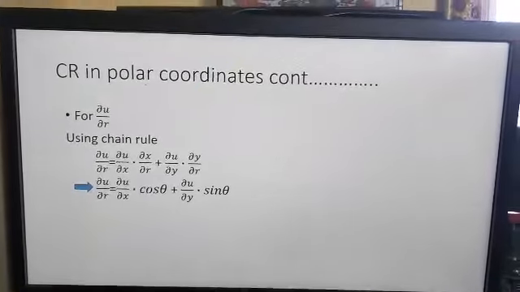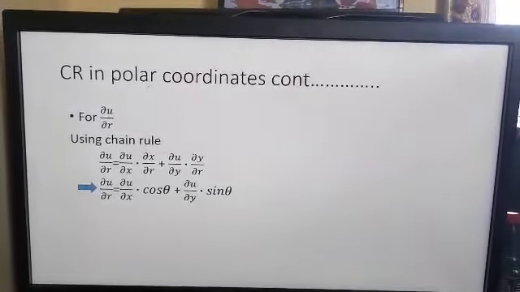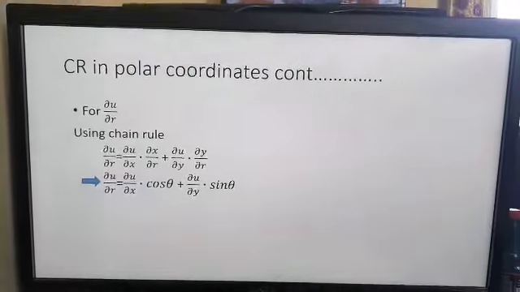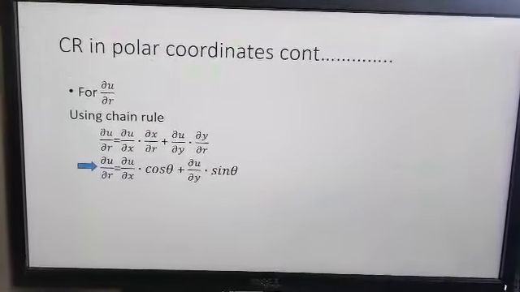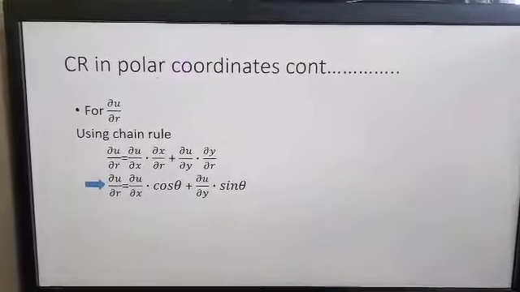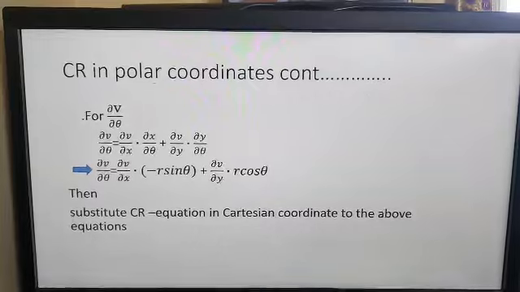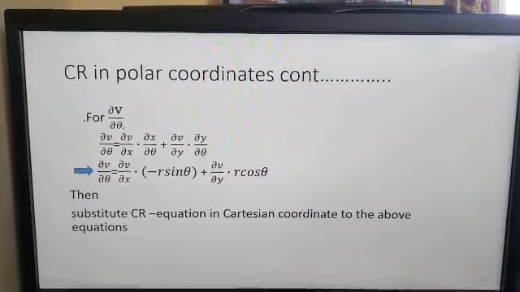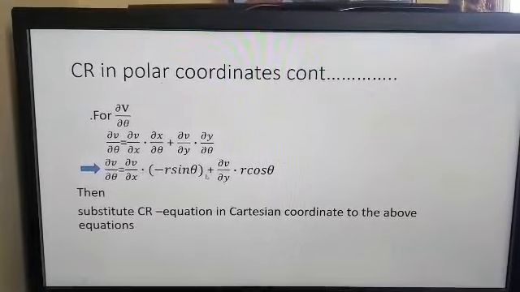Then, using the chain rule, the partial of u will be given by this formula, where the partial of x with respect to r equals cos theta as we differentiate. Then, for the case of v and theta, the partial of v with respect to theta will be given by this equation.